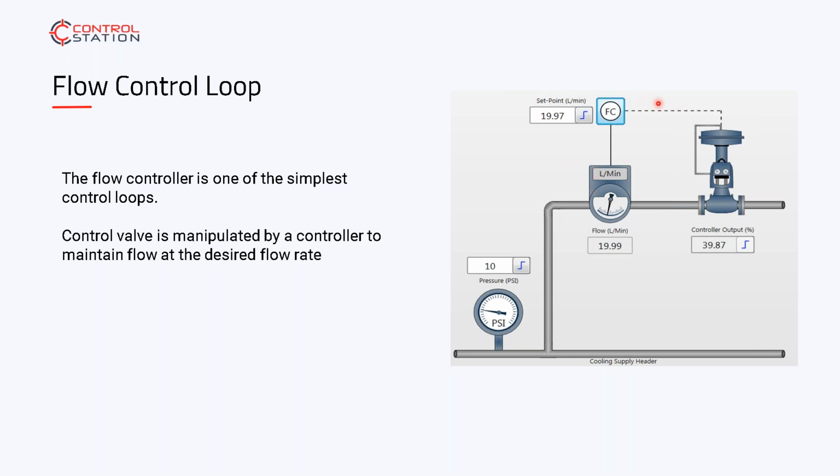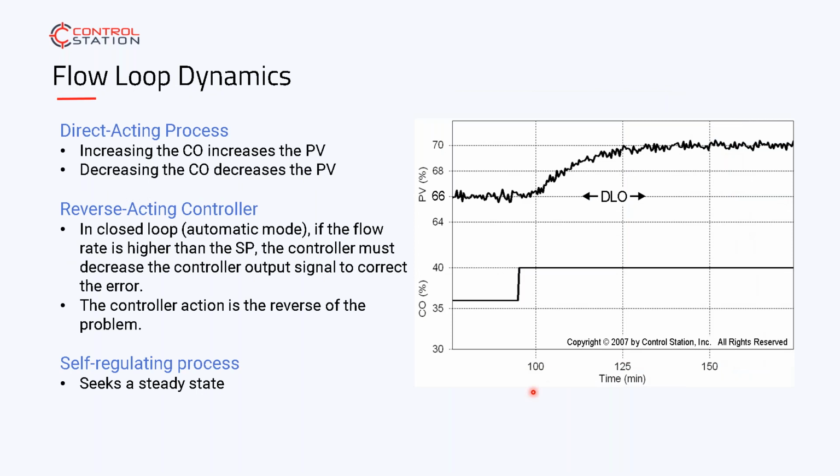So if we move to the next slide, we have some loop dynamics. We can see we have a direct acting situation where you have a direct acting process. You increase the controller output, and the PV increases accordingly. You decrease the controller output, and the PV decreases accordingly.